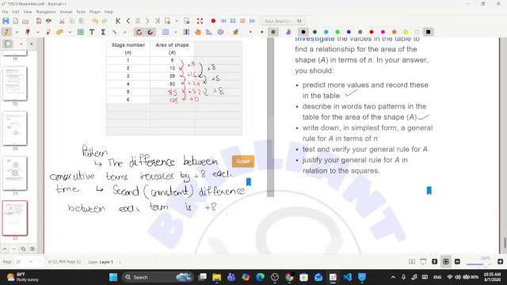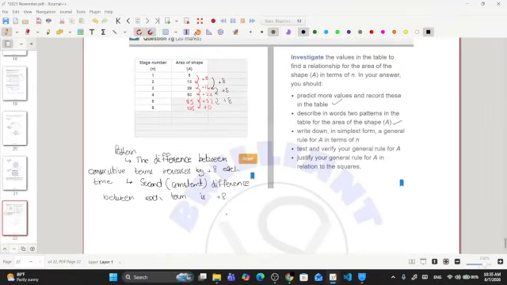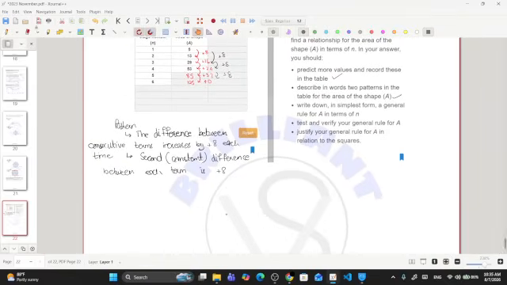Alright, so whenever a general rule needs to be found for a quadratic sequence, something that students can do is something like this: 5, 13, 29, 53, 85.